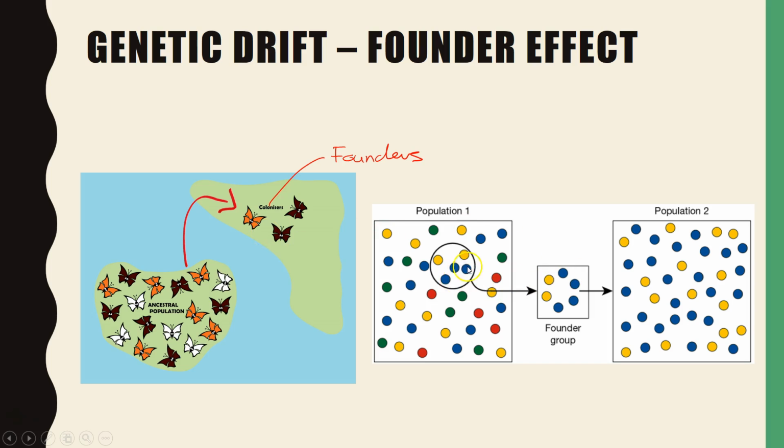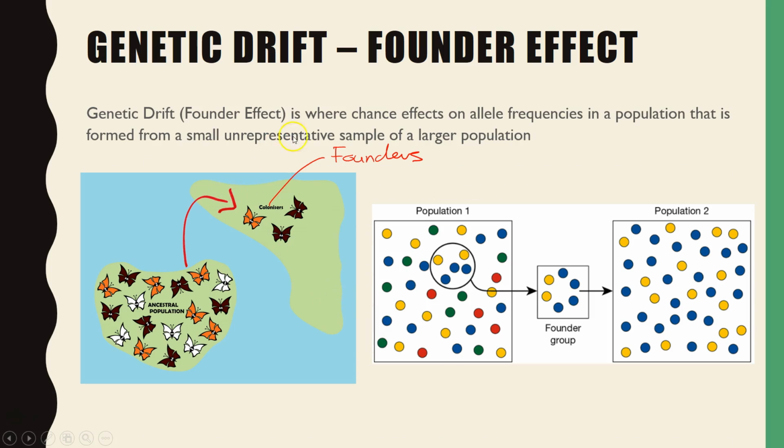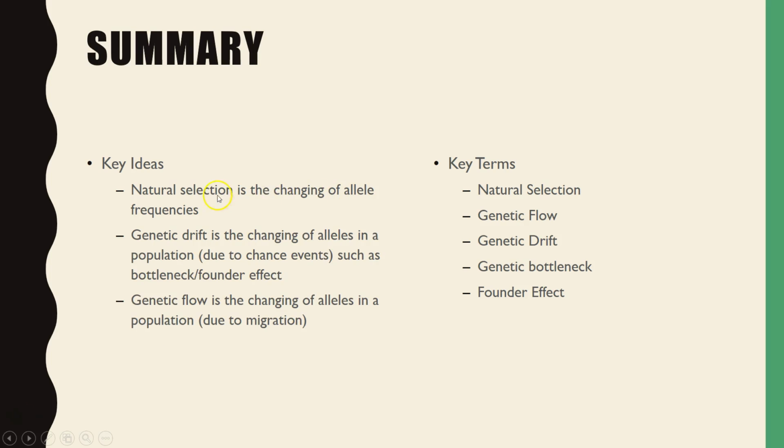So over here you can see a particular number of founders have moved to a new population. Now we have predominantly blue and yellow, whereas before we had blue, yellow, green. So with chance events, allele frequencies have changed, because a small unrepresentative sample from a large population has moved to a new area. So these are the key ideas.